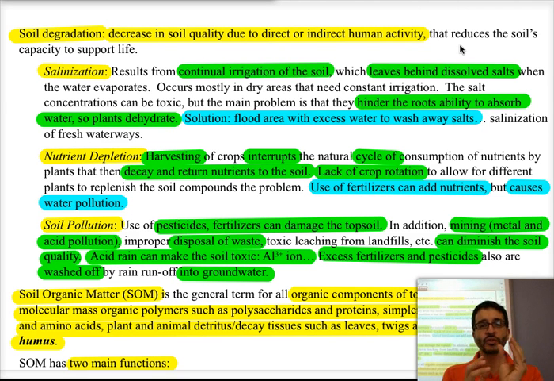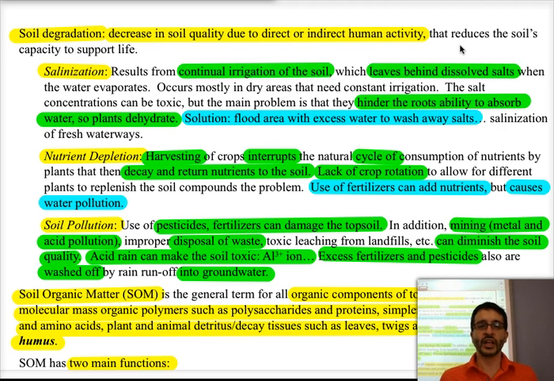If the concentration of the solution inside of the roots is greater than the outside, the water moves into the root. If the soil is very salty, the concentration will be greater outside in the soil than in the root, and water will travel from the root into the soil, dehydrating the plant. So this is one of the reasons for that.